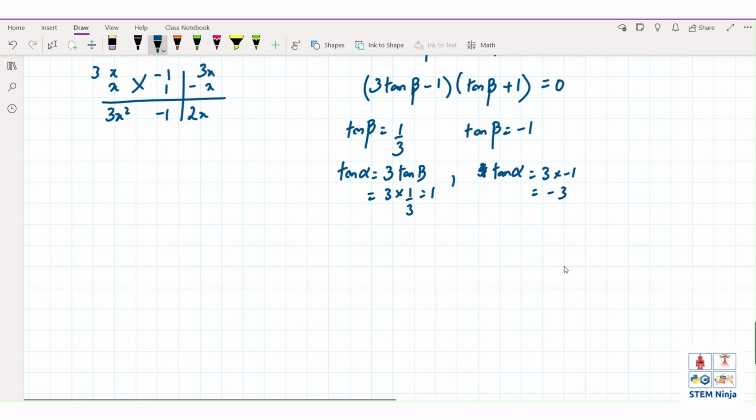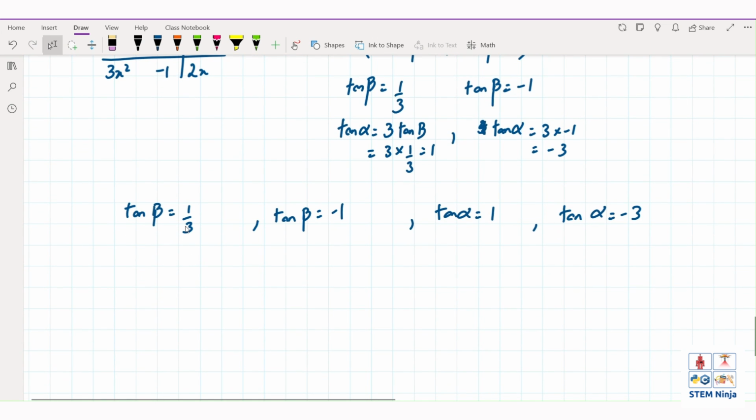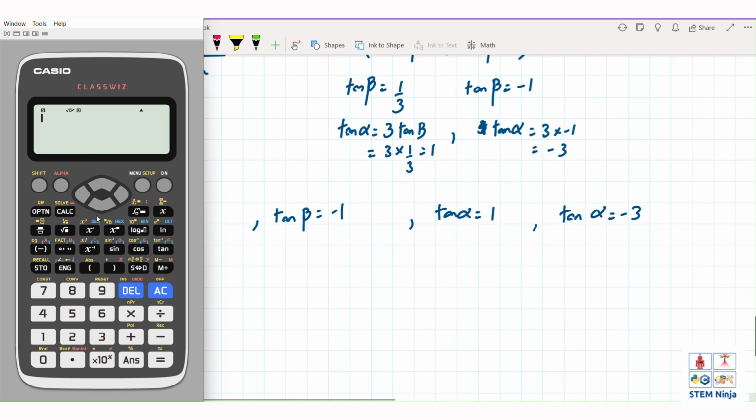Now first let's solve for tan beta. Tan beta equals 1 over 3, tan alpha 1, and tan beta minus 1, tan alpha negative 3. Now when tan beta is 1 over 3, so tan inverse of 1 divided by 3, 18.43, 4, 9.